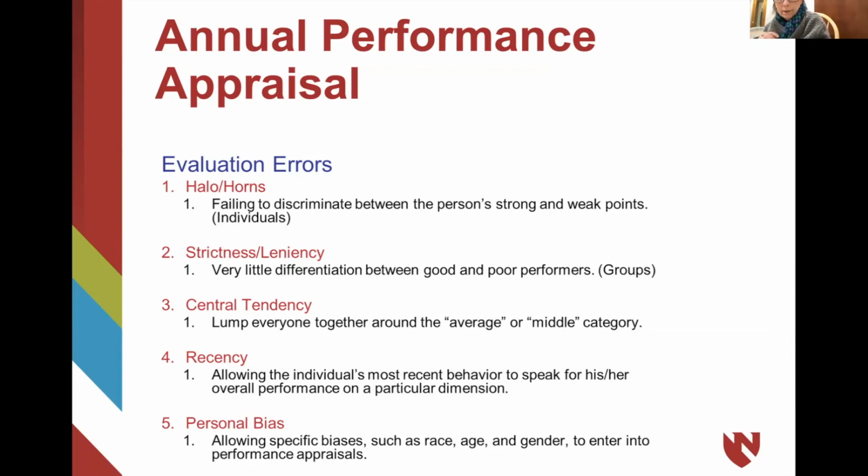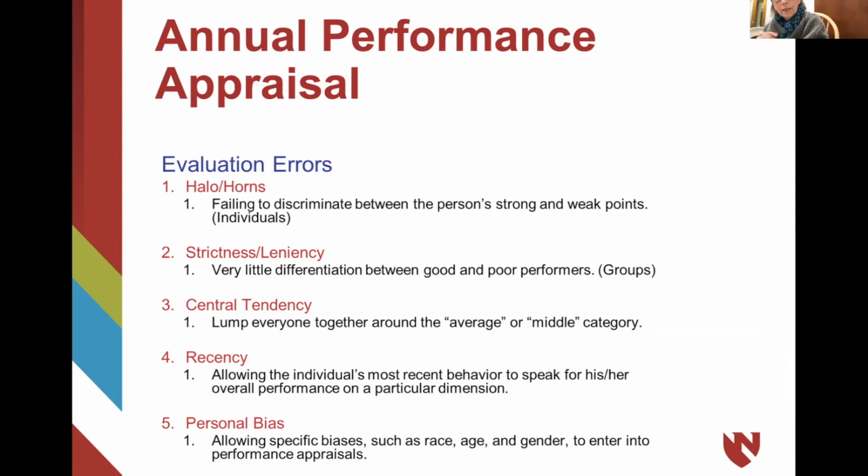Central tendency. What we tend to do sometimes, and this happens to supervisors that have a hard time evaluating and giving feedback, and don't want anybody upset, is go ahead and grade everyone the same. You're all in the same boat. You're all threes, rather than making sure that those who are doing better get that four, and those who are not go to the two or the one, depending on what is needed for that individual.